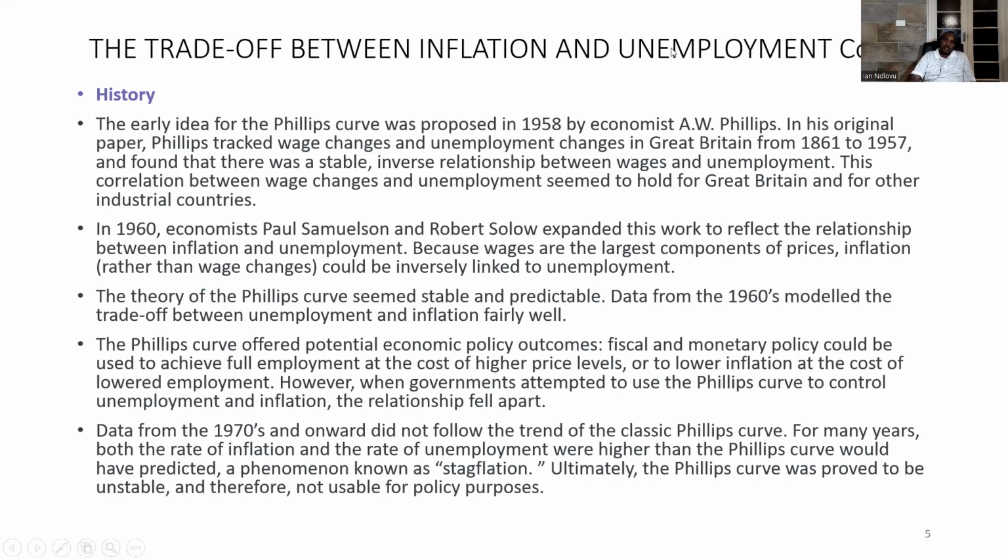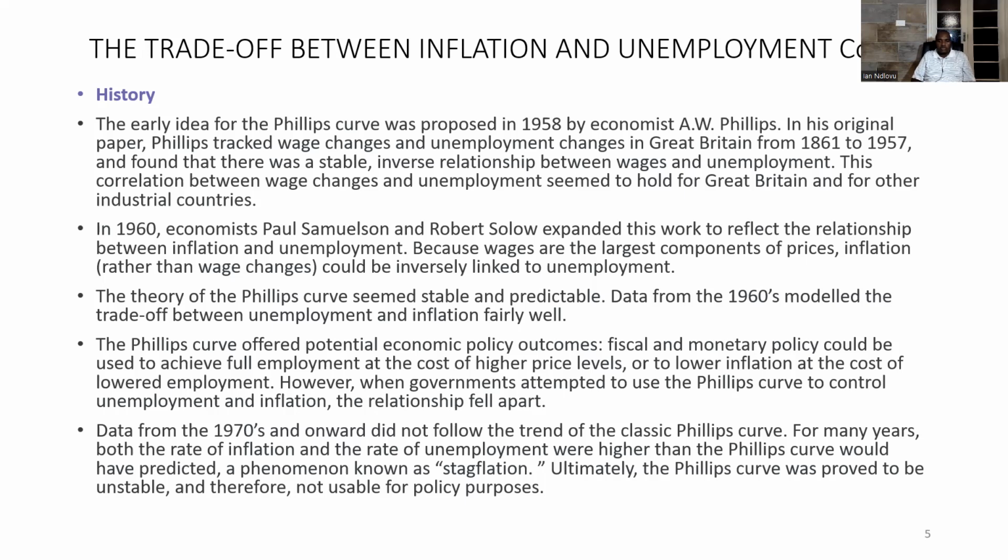Initially, it was the rate of change in money wages, which is your wage inflation, and unemployment. But later on, Paul Samuelson and Robert M. Solow expanded the analysis to inflation in general, since wage inflation is a key component of inflation in general.